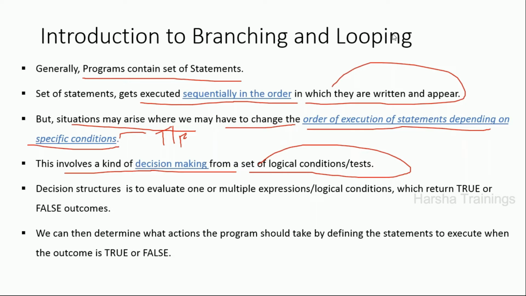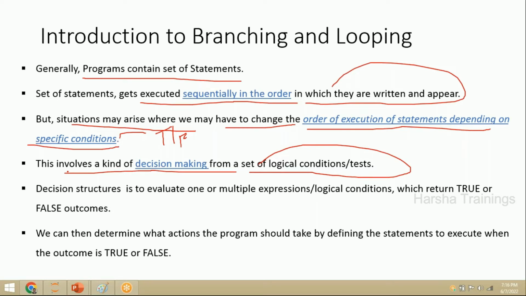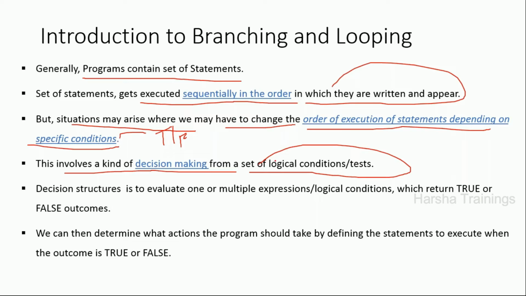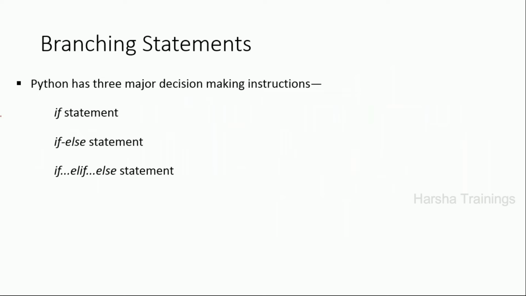Now, this involves decision making from logical conditions. We know that every logical condition expression returns true or false. This we have seen in the logical operators. Now Python supports three different kinds of conditional statements. First one is the if condition, where I can take only one condition.